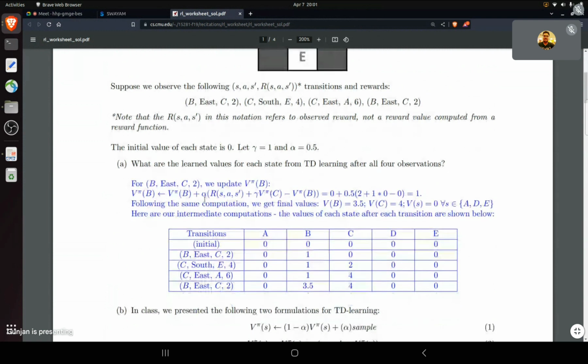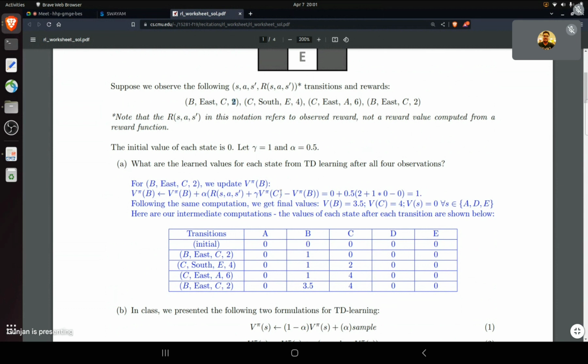Right? So for B east C comma 2, we update V pi of B as V pi of B plus alpha times R plus gamma V pi of C minus V pi of B, right? Because from B we are going to C. Now V pi of C was 0, V pi of B was 0, and the reward is 2 that we get, right?